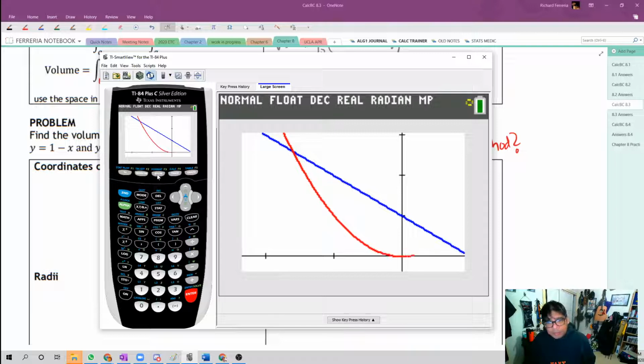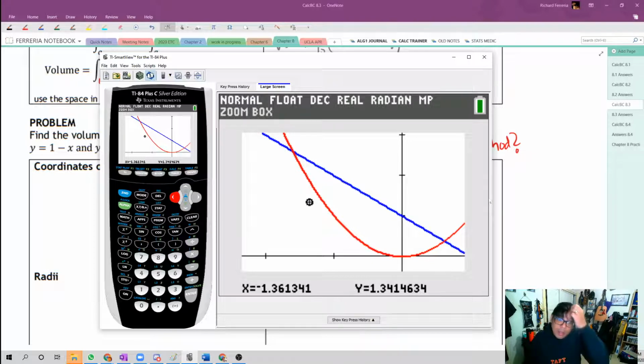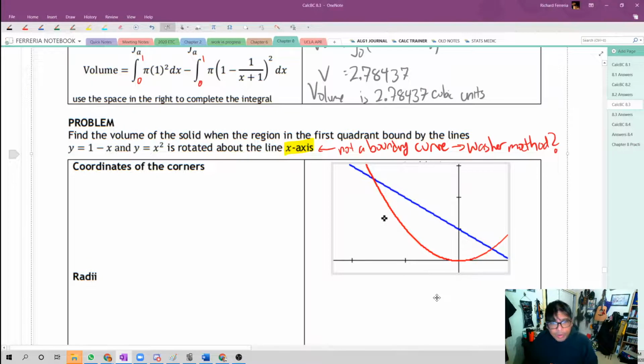All right, so notice that the region that we have here is not bound by the x-axis at all. So that means we're going to create a washer. With our graph here, we need to locate the coordinates of these corners right here. Those are the only corners on our graph.